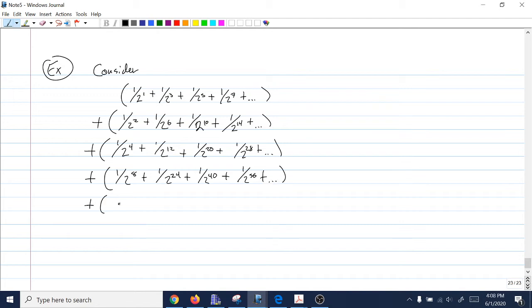The next one would be 16 times every odd term, 2 to the 16, 3 times 16 is 48, and so on. These are the odd terms. These are double an odd number terms. These are quadruple an odd.